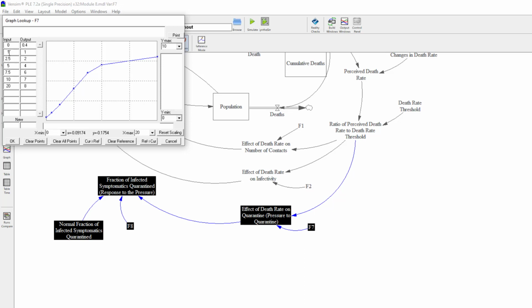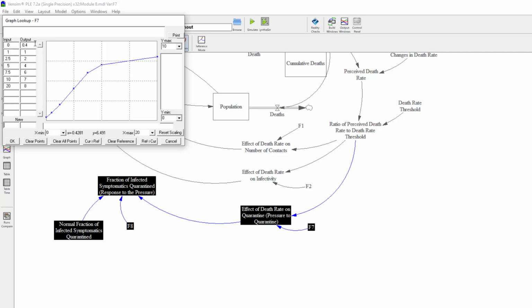These are the coordinates that we added to F7. We're going to assume that if the perceived death rate is 20 times the death rate threshold, then F7 is showing how much pressure is being put on the fraction of infected symptomatics to be quarantined.